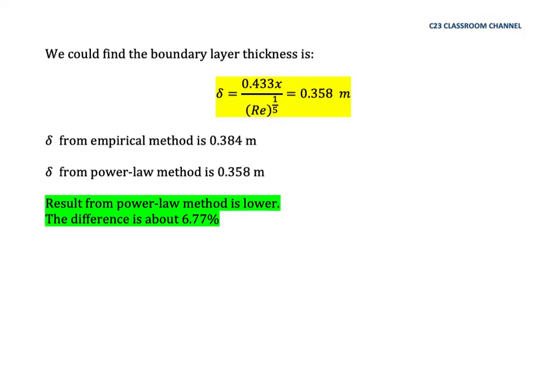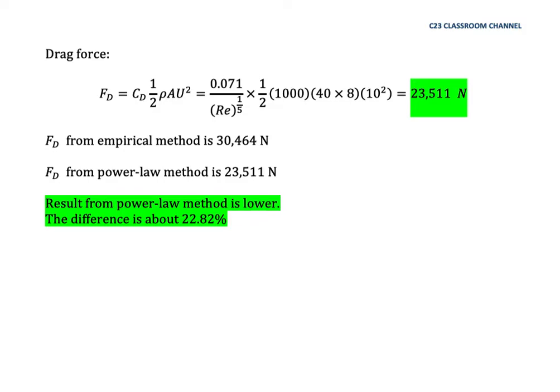Then we compare the drag force. According to the power law form, the drag force is 23,511 Newton. If we compare with the empirical method, we found that the error is quite big, around 22.82%.